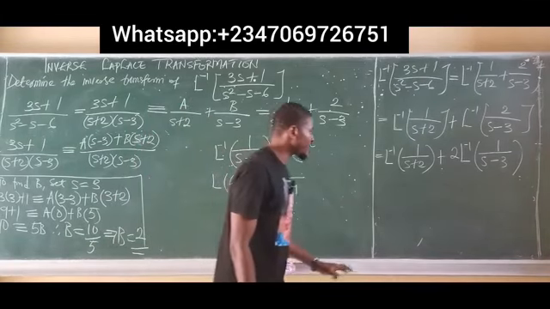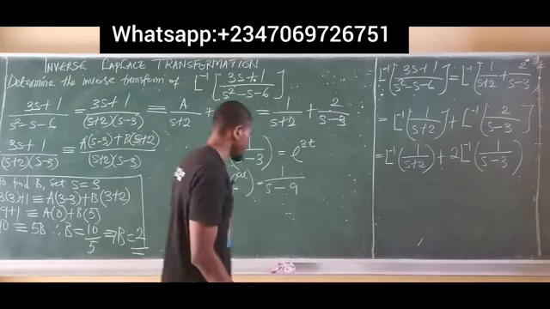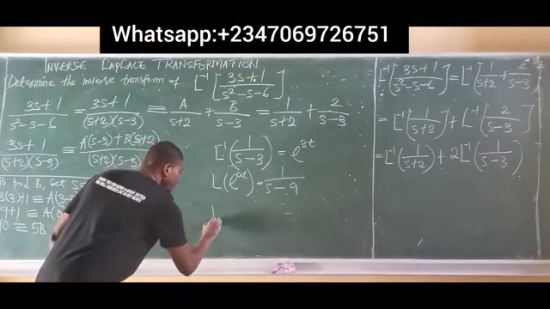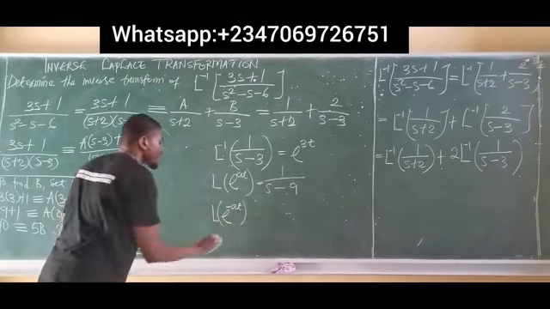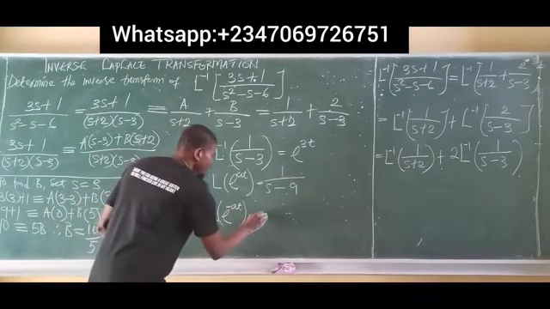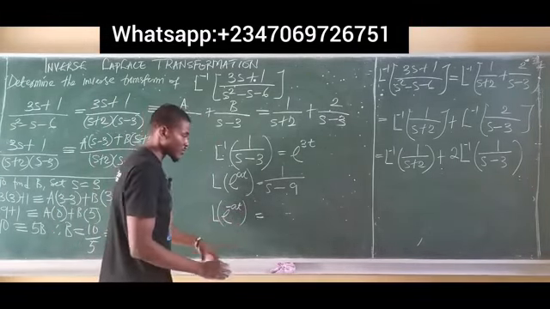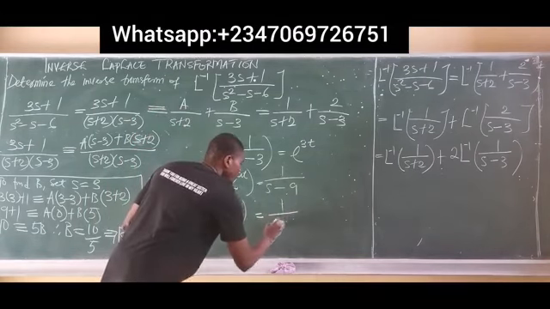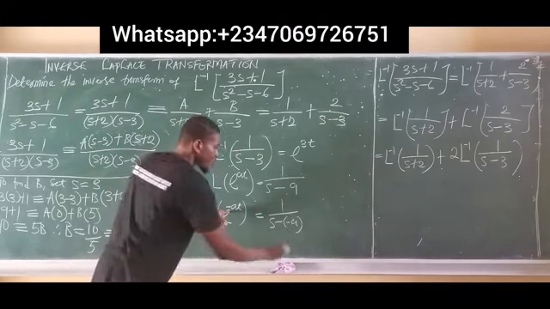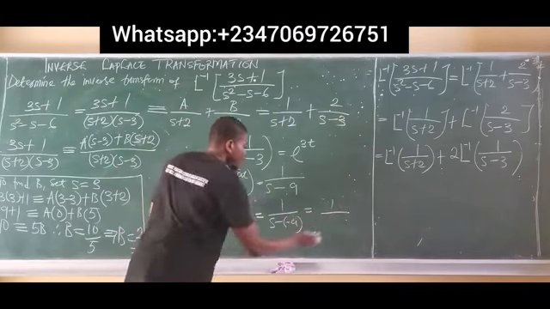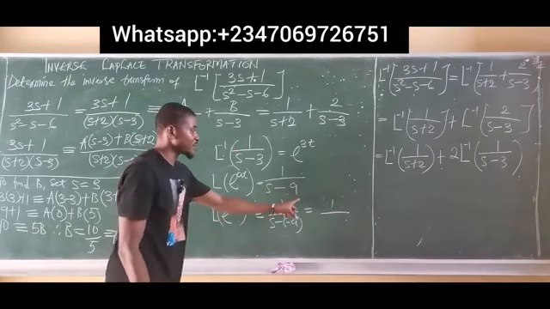Hence, in this case, I'm having Laplace of 1 over s plus 2. That means this is Laplace of exponential minus at. Now, when the power becomes negative, then the sign will change here. Since it's still an exponential function, it becomes 1 all over s minus a, where a stands for the number.